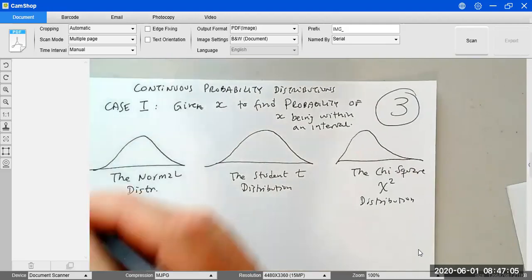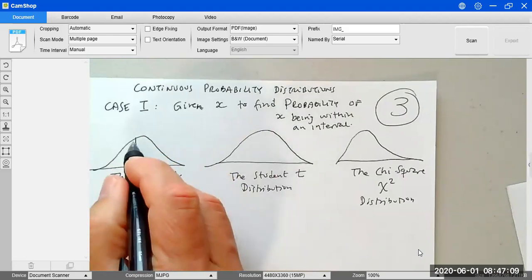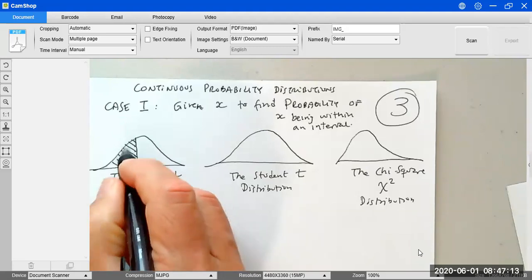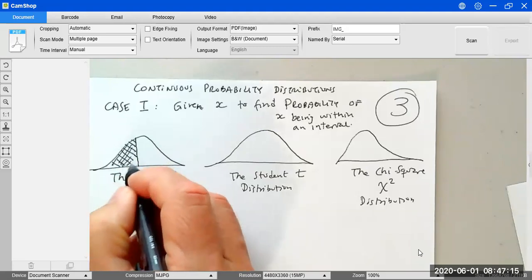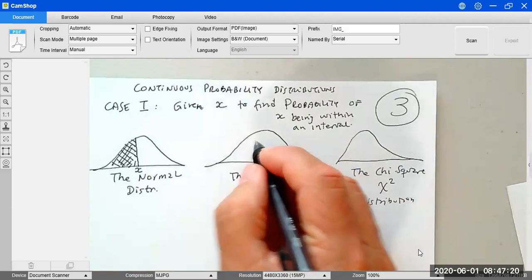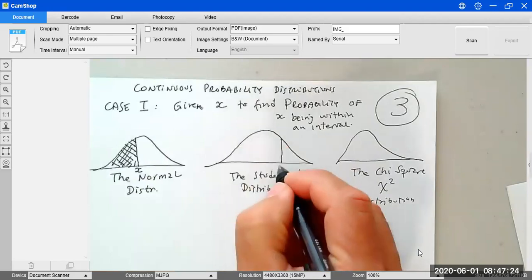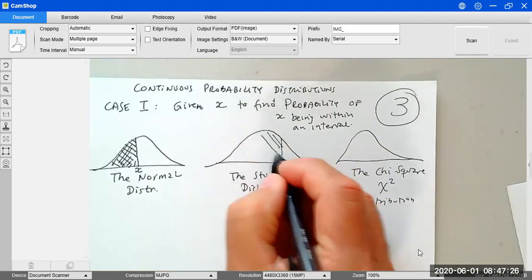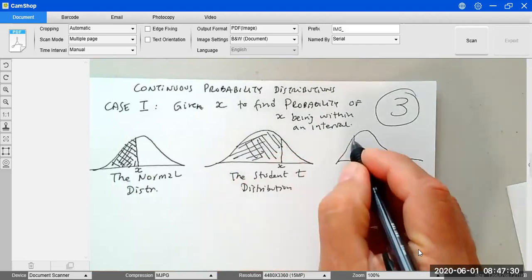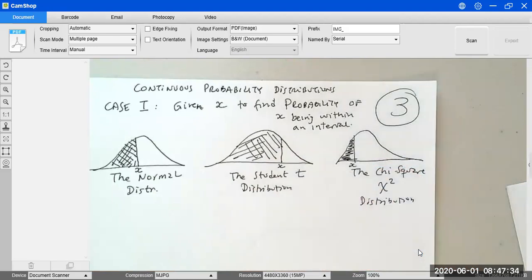So usually we're going to work with the area to the left. Most of the books have tables. So your books give the area. So given a value of x, they're going to give you the area on the left. It doesn't matter whether it's on the right part of the curve or on the left part of the curve. In all cases, what you are given is the area on the left.